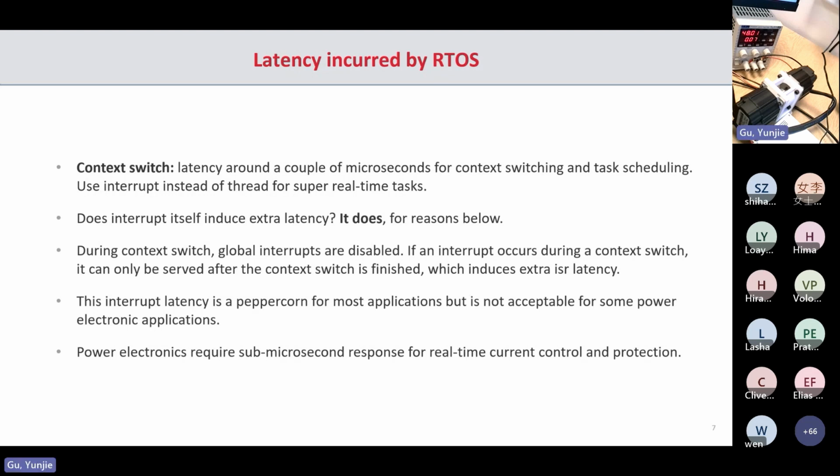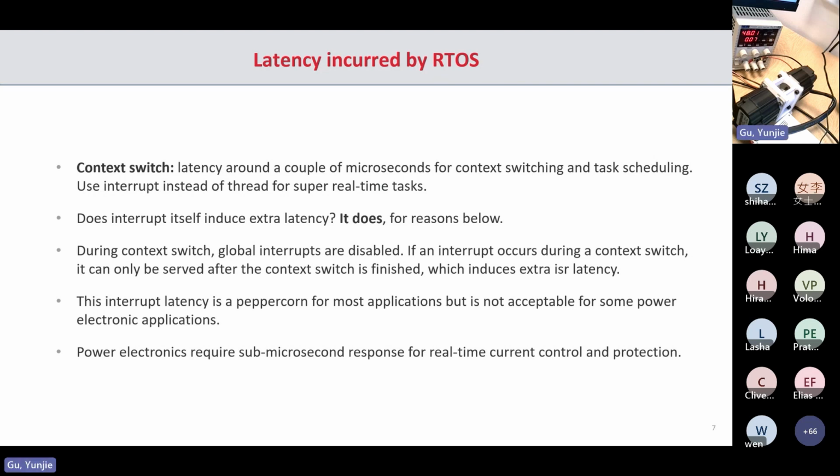We have done some testing on our MCU, and the time duration for the context switch with interrupts disabled is around 1 microsecond on our 200 megahertz MCU. If the frequency is lower, the latency is going to be higher, say a couple of microseconds.